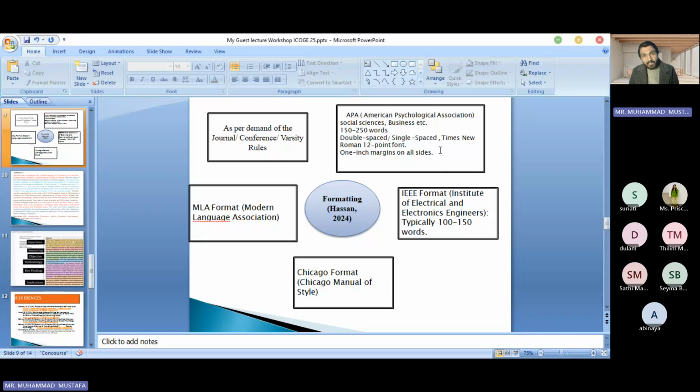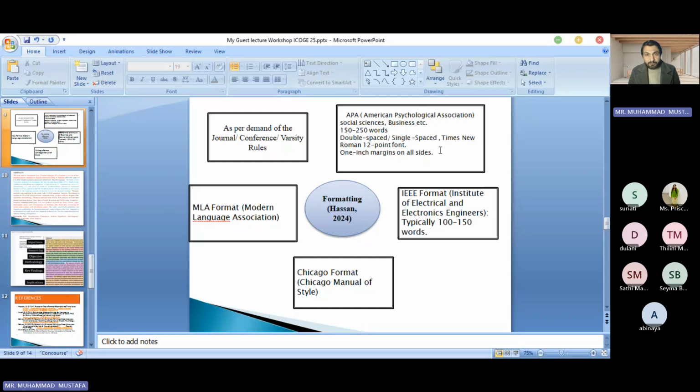They have proposed different styles; APA 6th edition, 7th edition, and the 7th edition is what the majority of researchers are using nowadays. Mostly this style is applied in social sciences, business, and arts, etc.